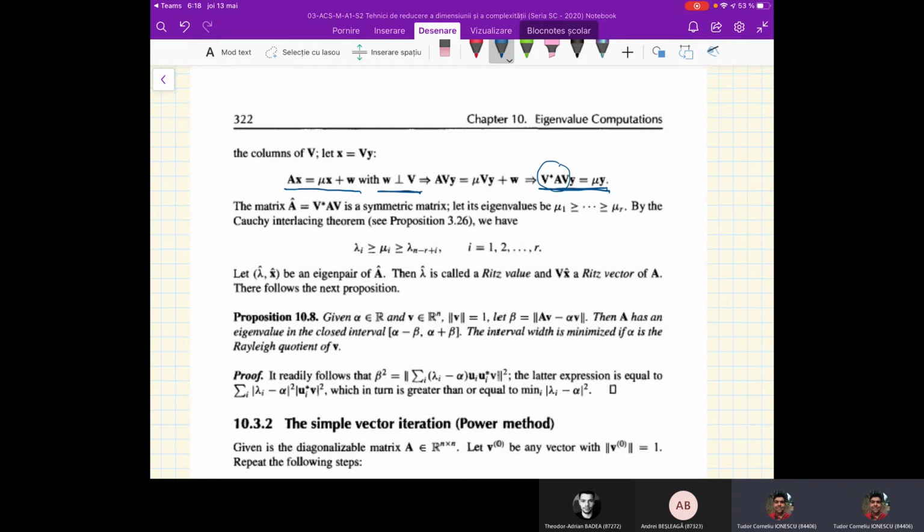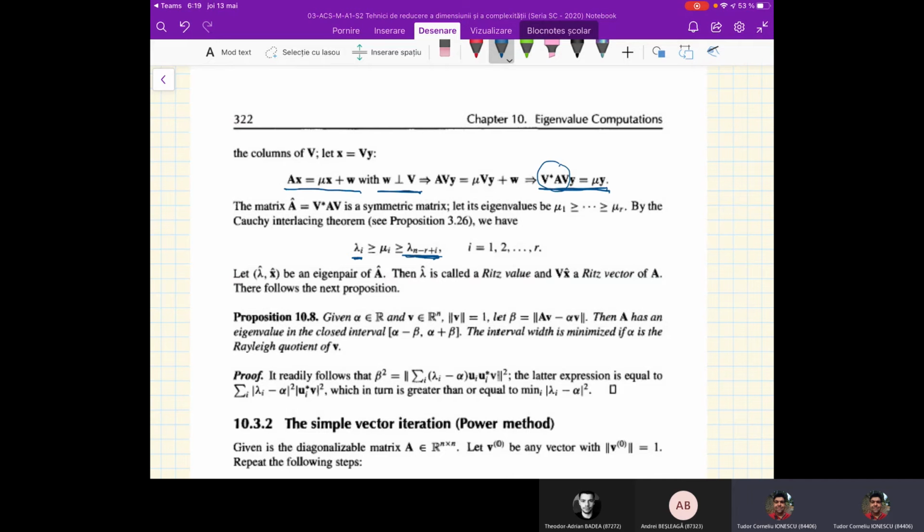Now, the matrix A hat, V star AV, is a symmetric matrix. Let its eigenvalues be mu 1 up to mu r. By some theorem, the mu i lie in between lambda i and lambda n minus r plus i. So mu is an approximation of the real eigenvalues lying in this region.